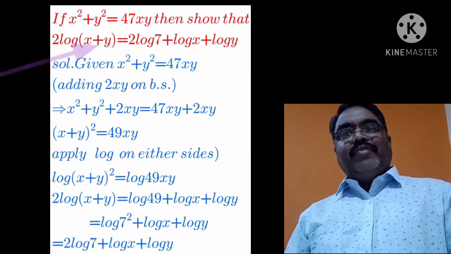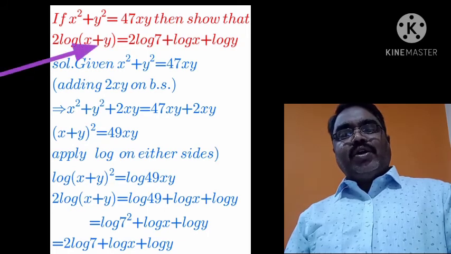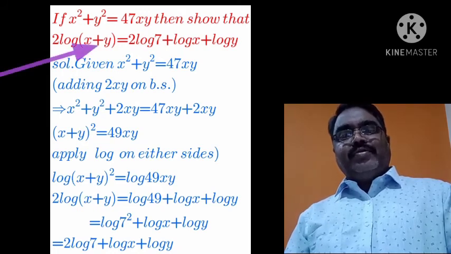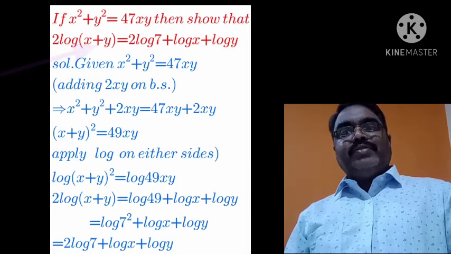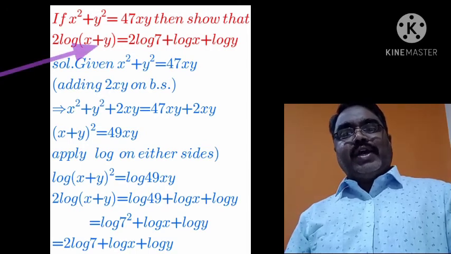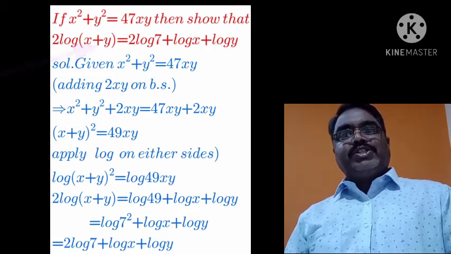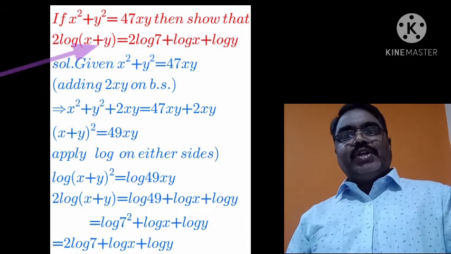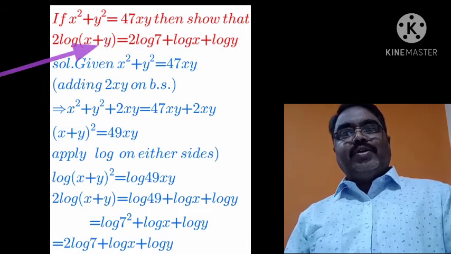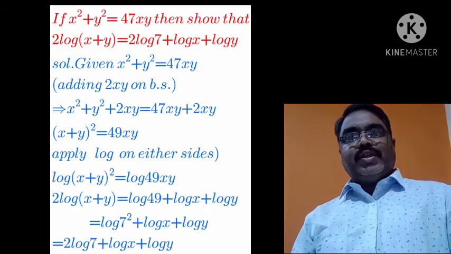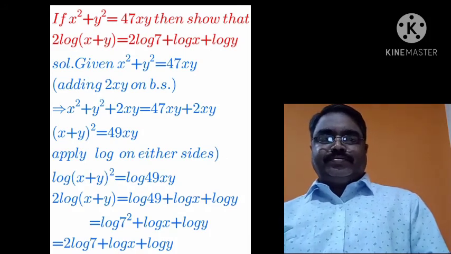Here on the left hand side of the conclusion is log of x plus y. To get x plus y, here we have to add 2xy on both sides of this equation. Suppose if there is x minus y, in such cases you have to subtract 2xy on both sides of this equation. That depends upon the conclusion of the given question. You must notice this thing in solving such type of questions.